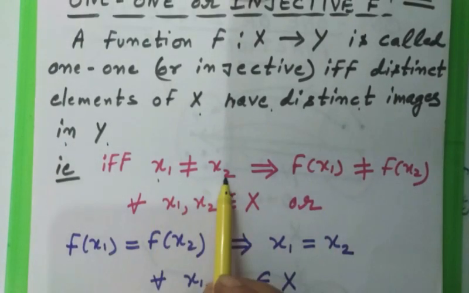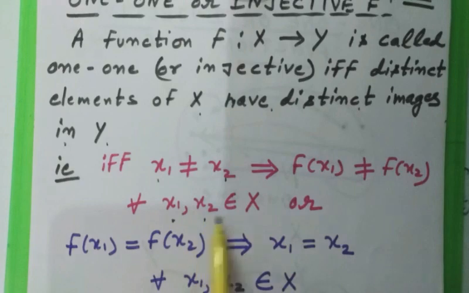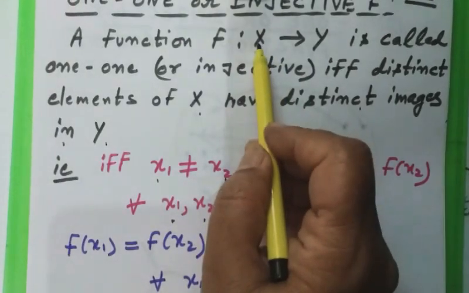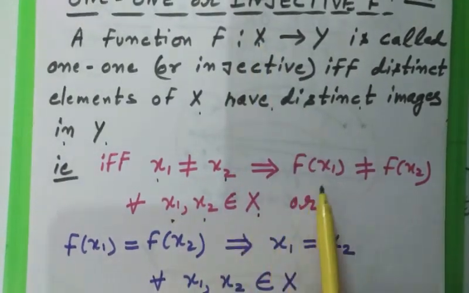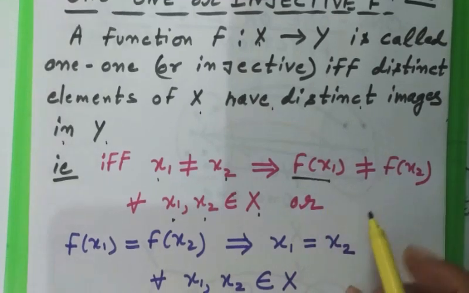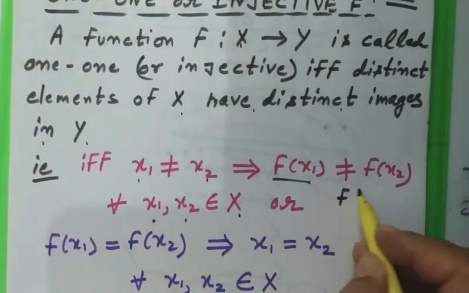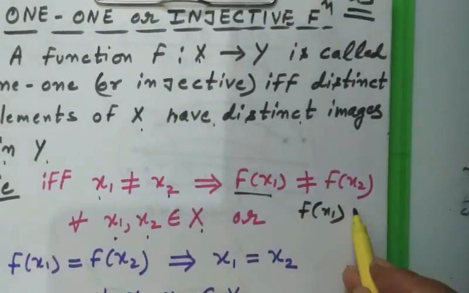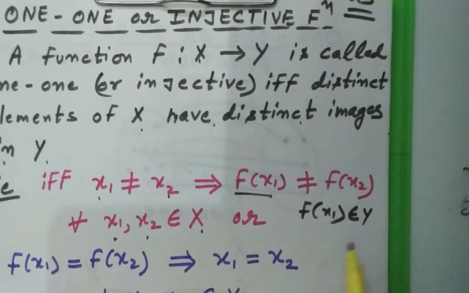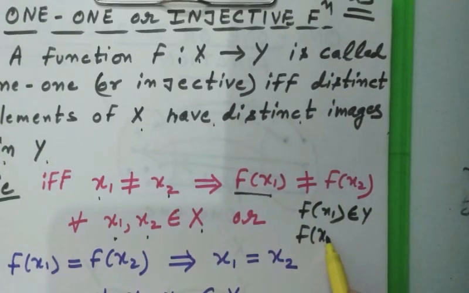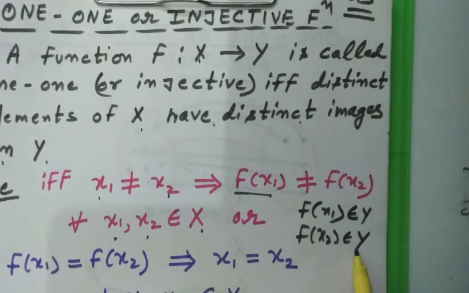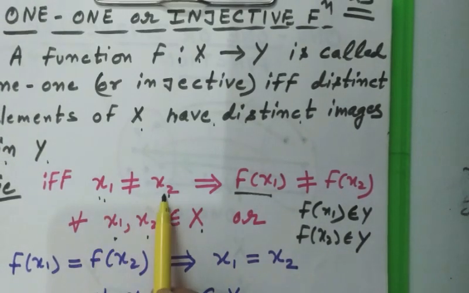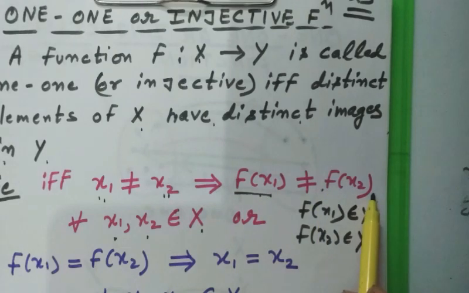If x1 is not equal to x2, where x1 and x2 belong to x, then their images f(x1) and f(x2) belong to y, and they are also different.